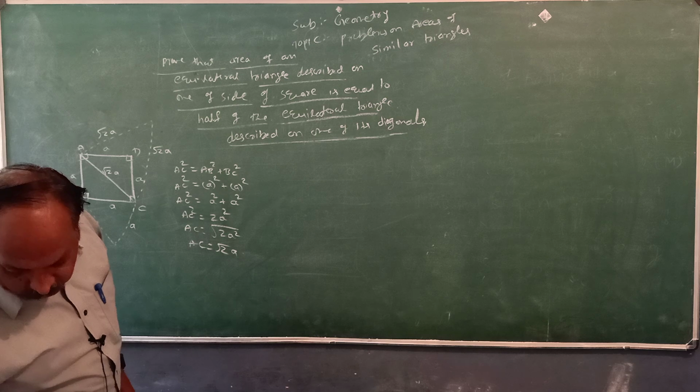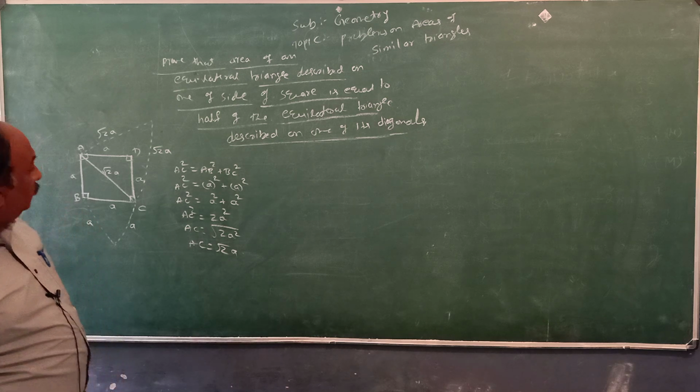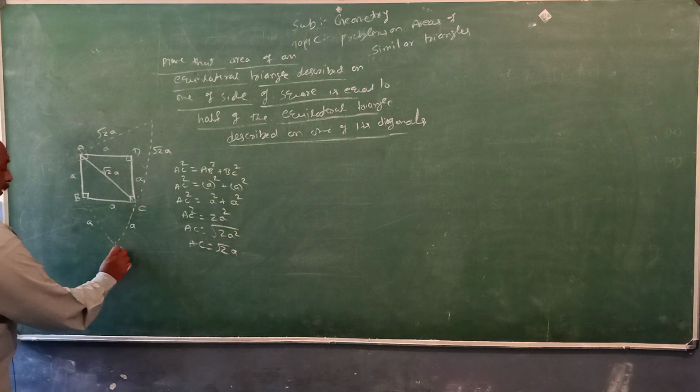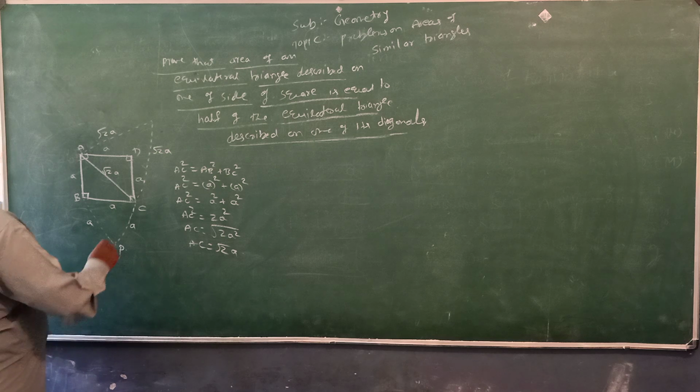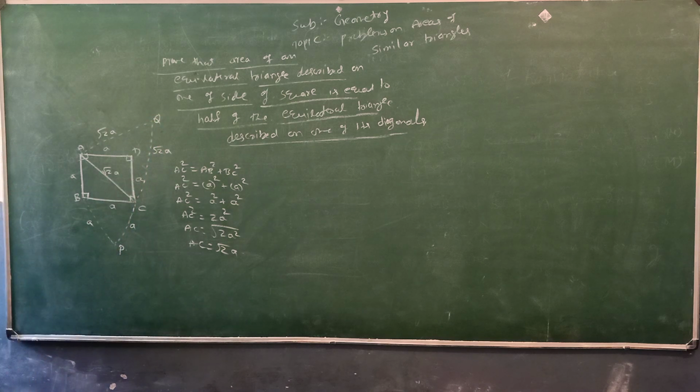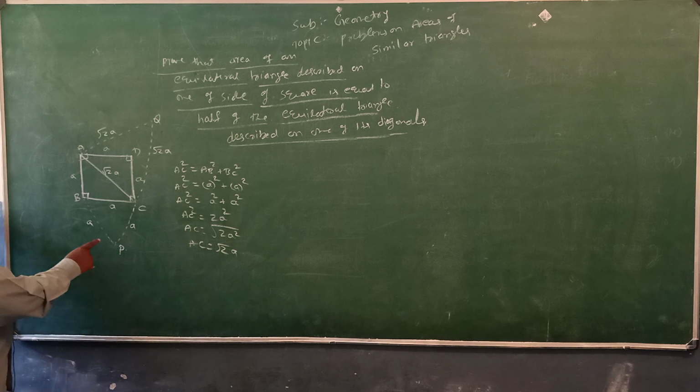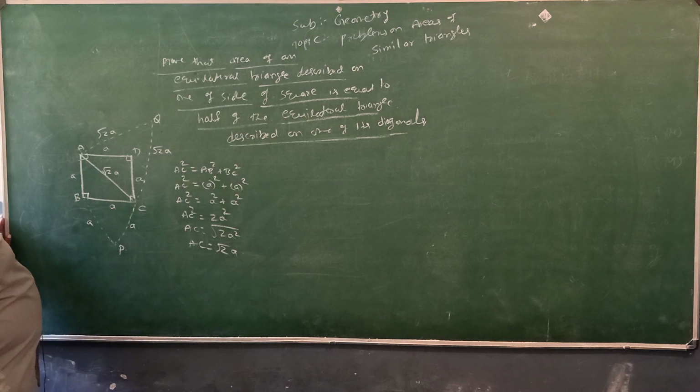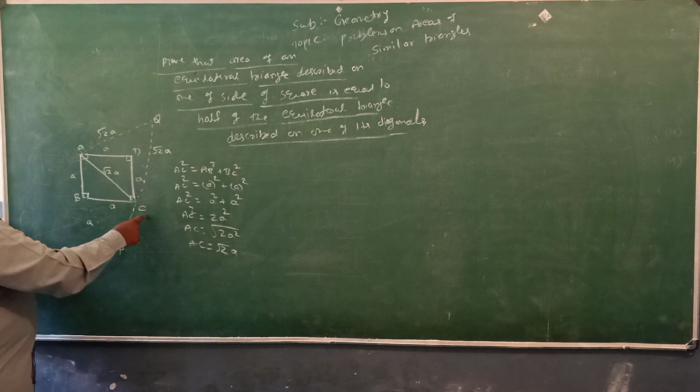What are we going to prove? So this is P. This is Q. There are two equilateral triangles here. What are the names of those two equilateral triangles? Equilateral triangle PBC and equilateral triangle AQC.